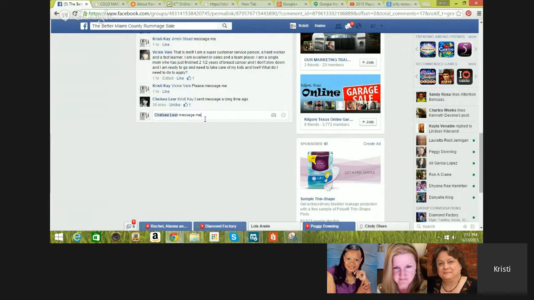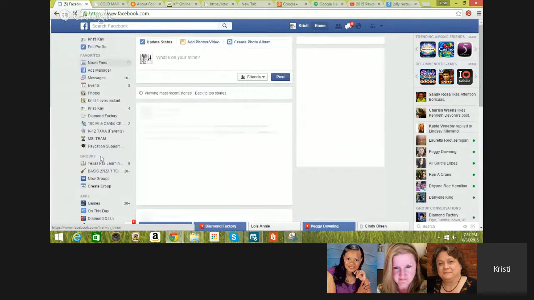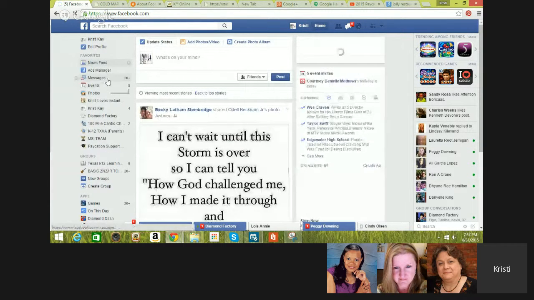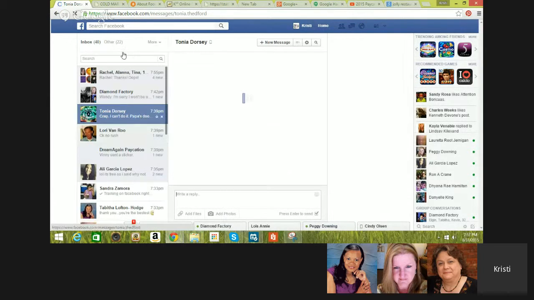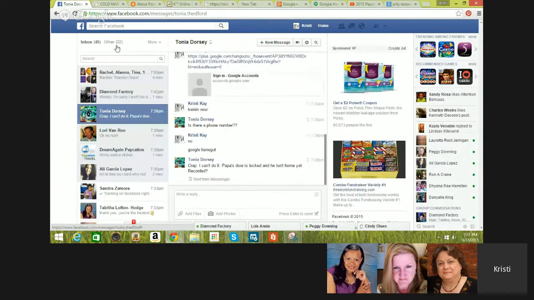Here's why. You will end up in Facebook jail quicker than you can say who said it. That's overusing a function.